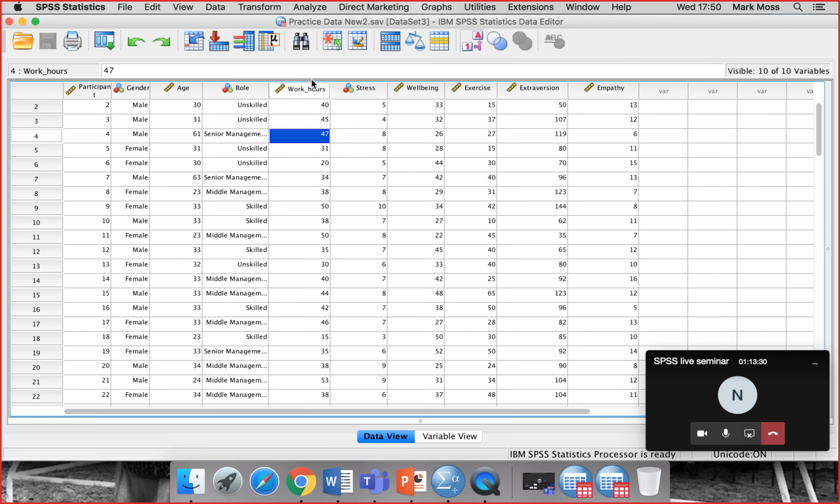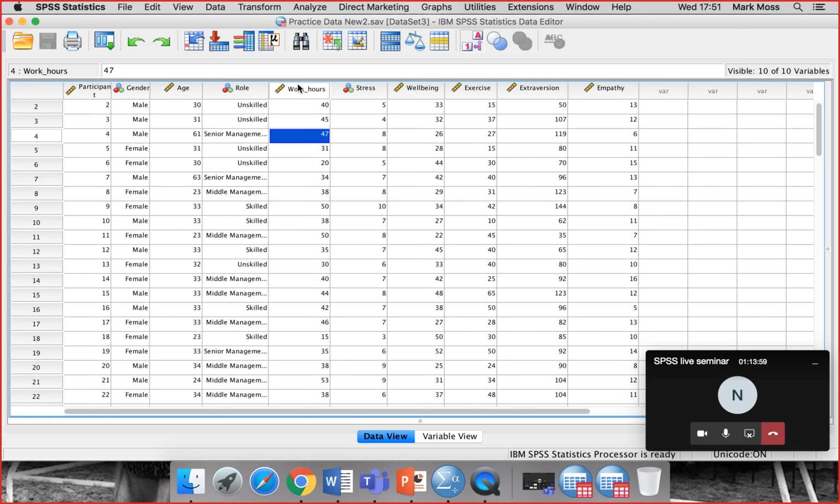So perhaps if we can explain some of the well-being by the amount of time that people are spending at work, that might be a useful covariate, because there's no particular reason why we would perhaps expect the people in the different roles to necessarily be working different hours a week. There may be, but it's not.